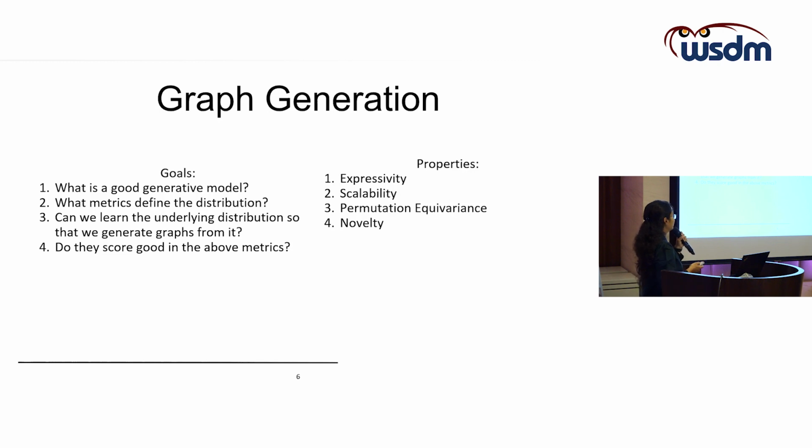What metrics define the distribution from which we can sample the graphs, and how can we learn the underlying distribution, is another question. And do the models score well on the metrics that we determine is also a question. Some of the properties that I'm looking at are expressivity, scalability, permutation invariance, and novelty.